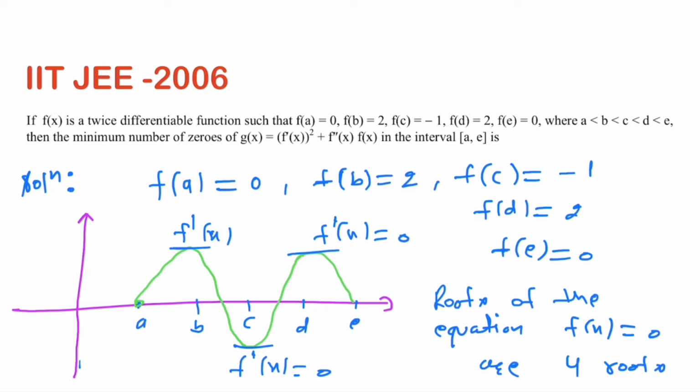If we have to find the roots of the equation f'(x) = 0, that will be at least 1 less than the number of roots of the equation f(x) = 0. So here the roots of the equation f(x) = 0 are 4 roots.